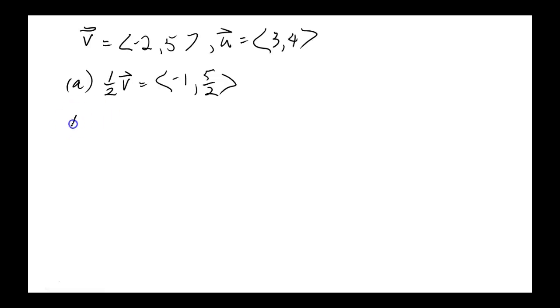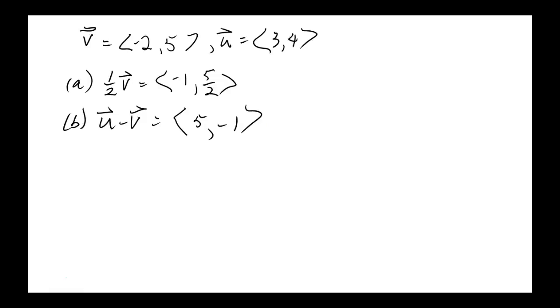What would be B, U minus V vectors? You can take as many steps as you would like. That would be 5, -1. Okay, I think he did the steps in his head.